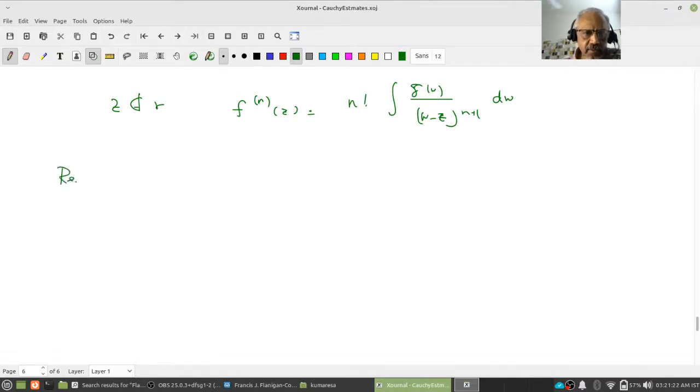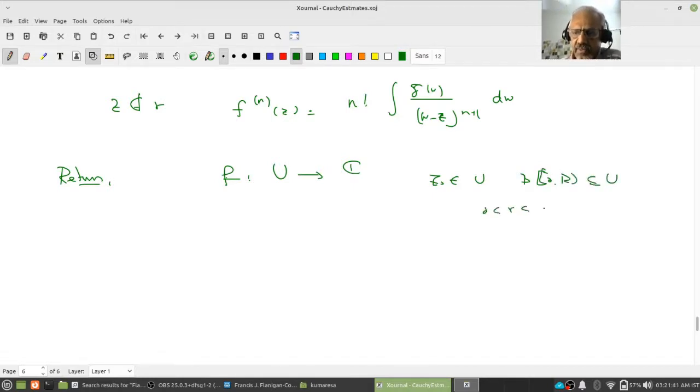So now return. f is a holomorphic function from an open set U to C, and fix z naught in U so that the ball B of z naught, capital R is contained in U, and for 0 less than r less than capital R we have gamma of t equal to, as usual, z naught plus r e power it, 0 less than or equal to t less than or equal to 2 pi.